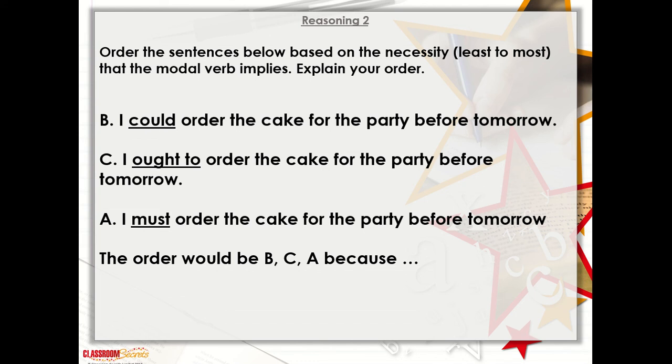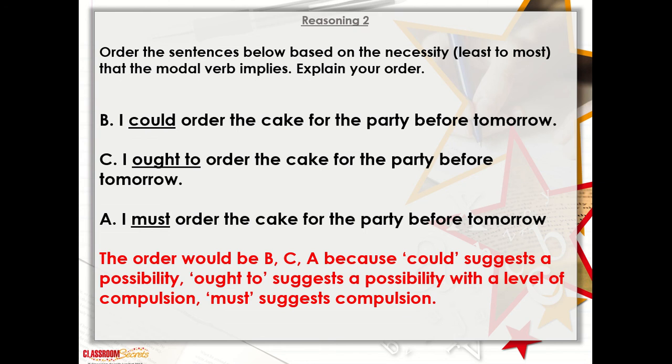Here's the explanation for this one. Could suggests possibility. Ought to suggests a possibility with a level of compulsion. That means, I ought to do it, I should do it, really, I have to. And must suggests compulsion. Must, yes, I have got to do it.